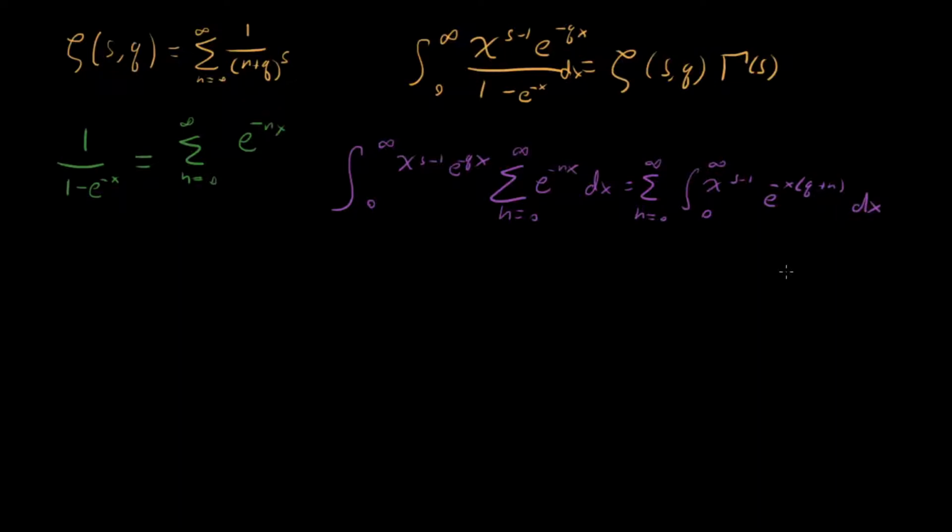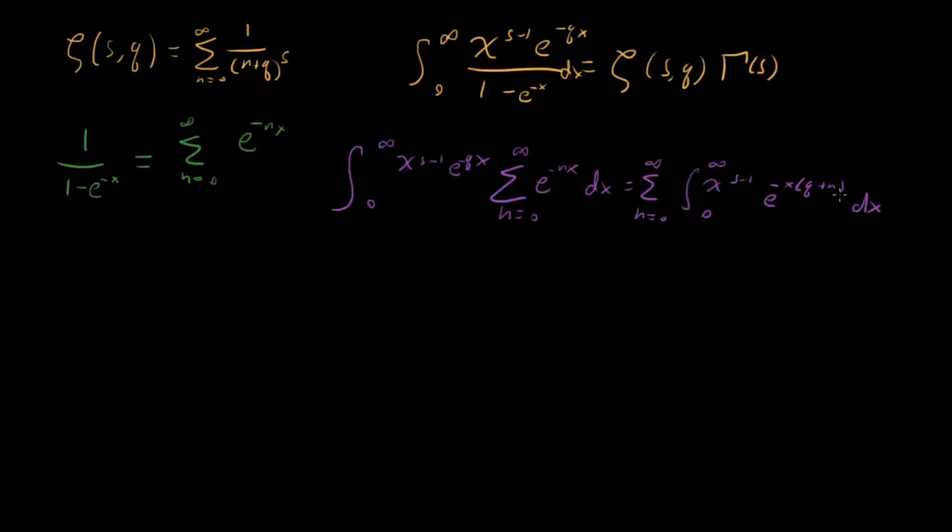Okay, that's fine. But now let's start thinking about this. We know that this needs to start looking like the right-hand side up here. And we have a sum, which is good for our Hurwitz zeta. And so that suggests that what we want to do is get this integral into the form of a gamma function. And we were almost already there. We have this e to the minus x with this extra factor up here.